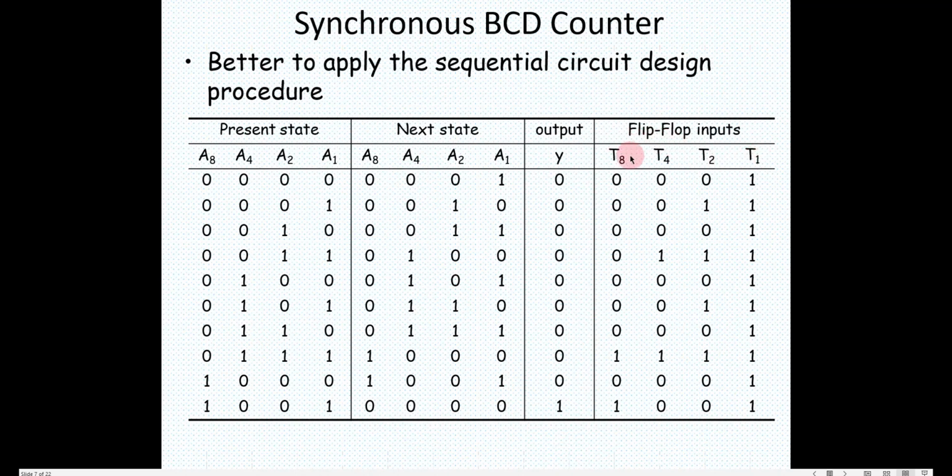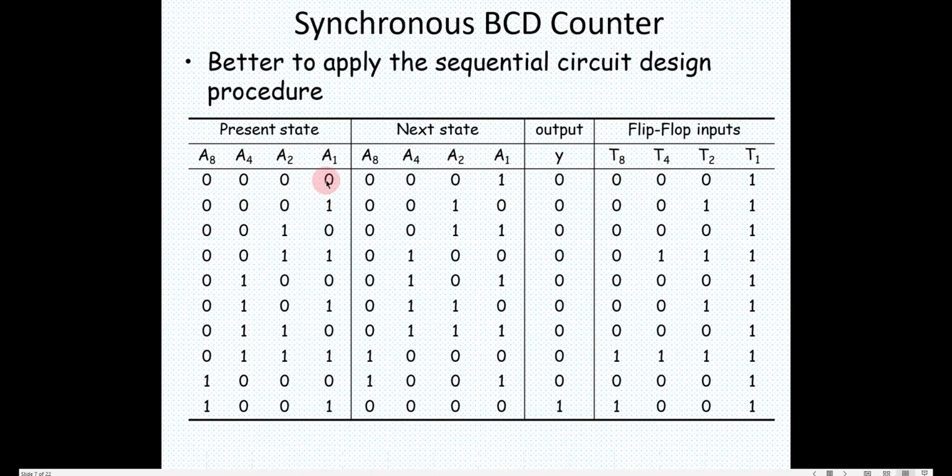So similarly, if I have to use a toggle flip-flop, I will write the T1, T4, T8. It is actually T3, T2, T1, T0, 4 flip-flops. This nomenclature is slightly different out here, that's all. So these are the 4 T inputs for the 4 flip-flops.